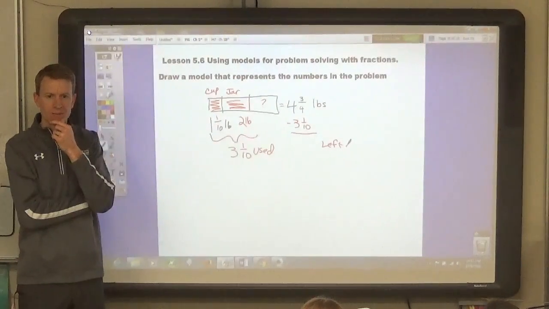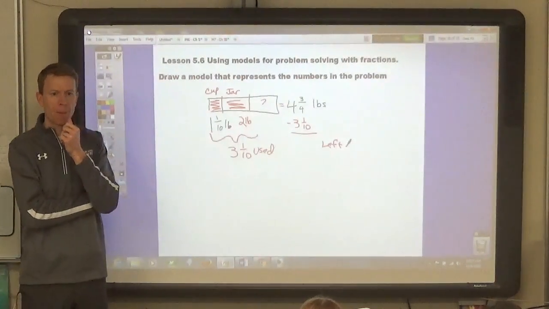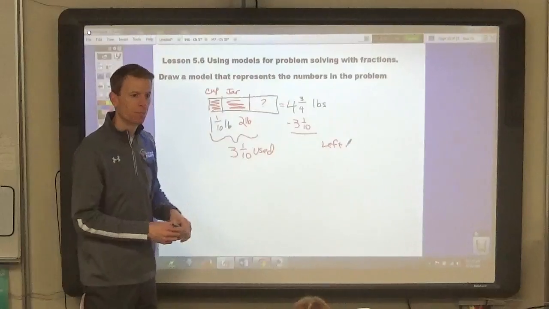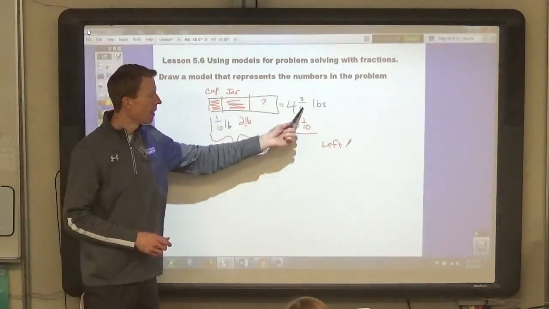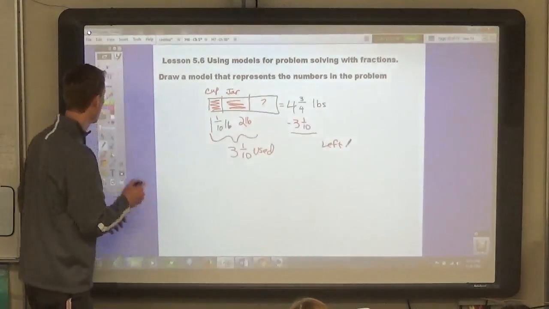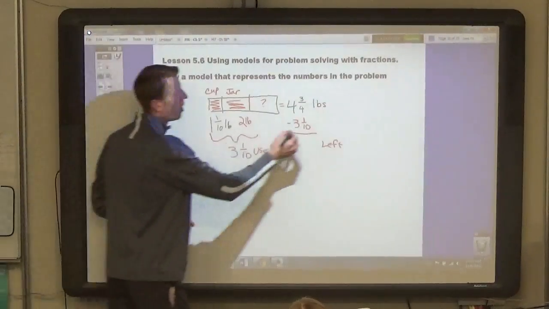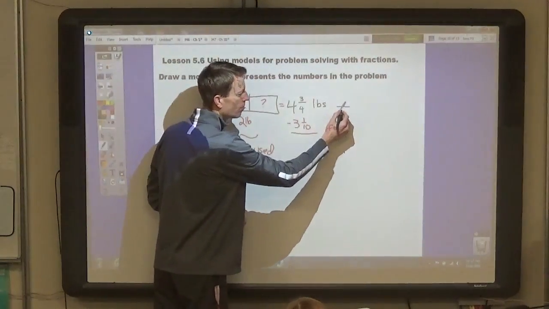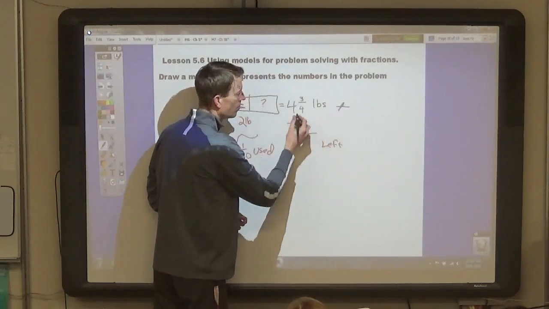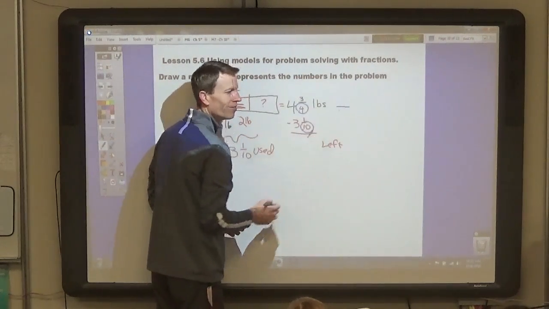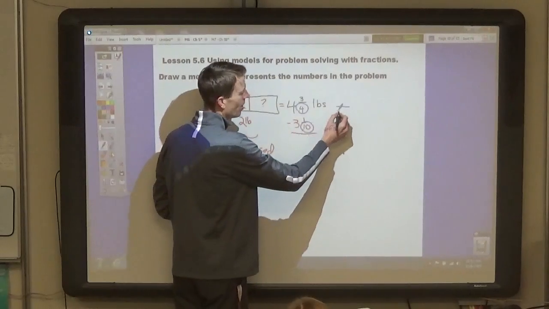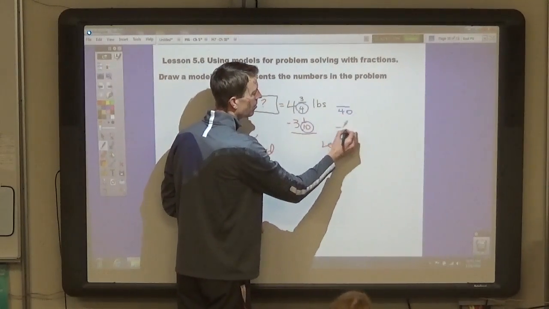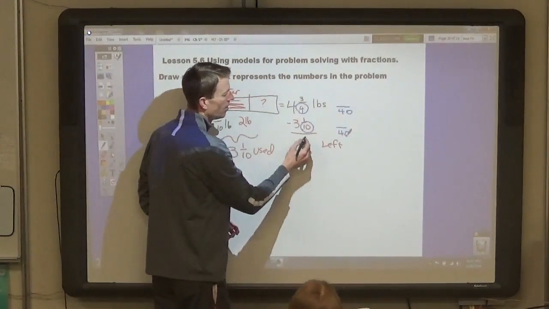Okay. So what is the remaining amount? What would we have to do? Find a common multiple. Both numbers go into what? Hayden? The denominators. 40. Okay, 40 or 20. We could use 40.